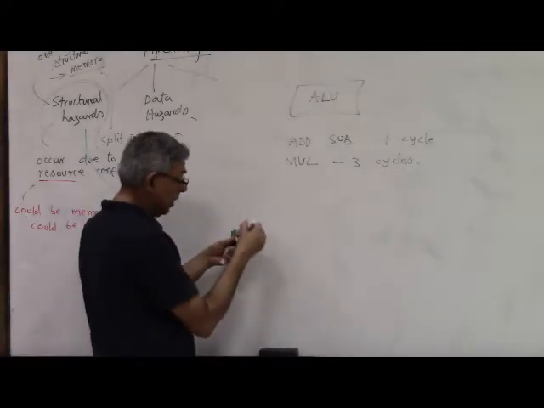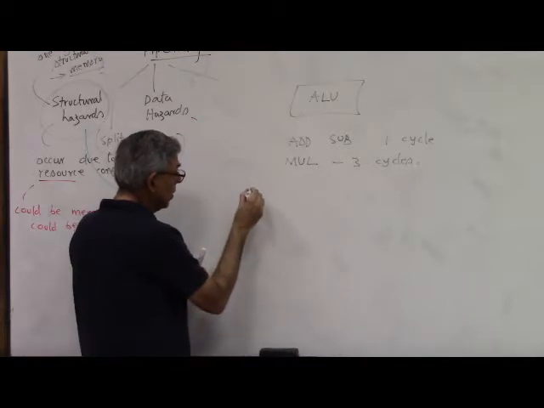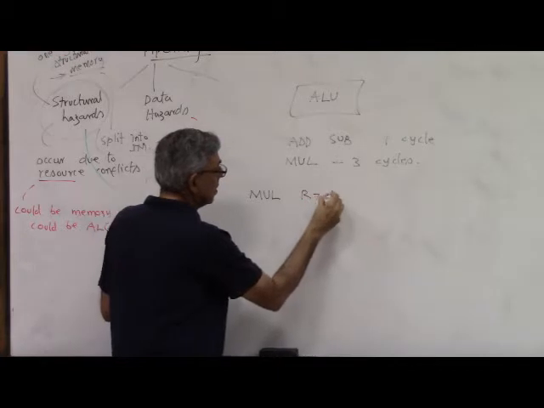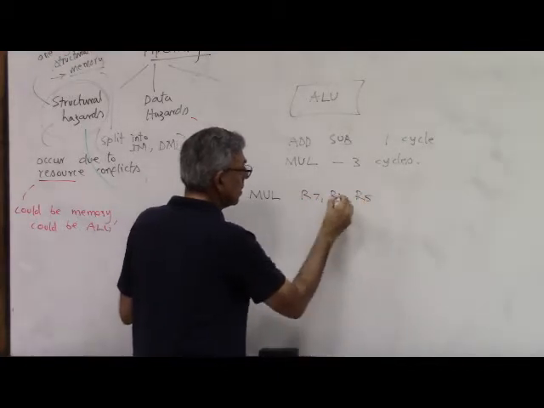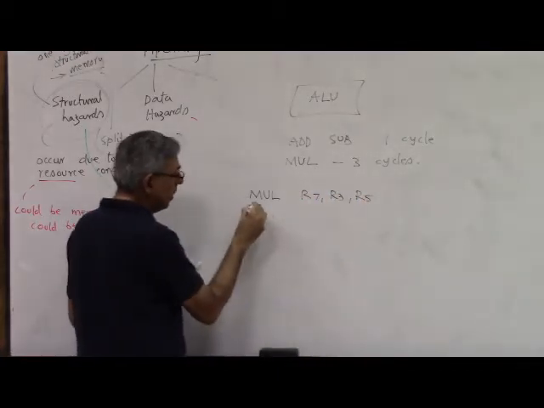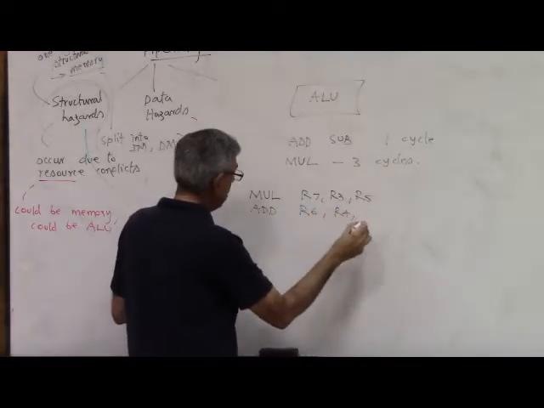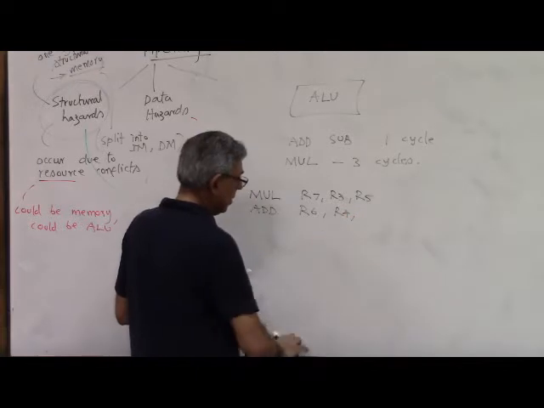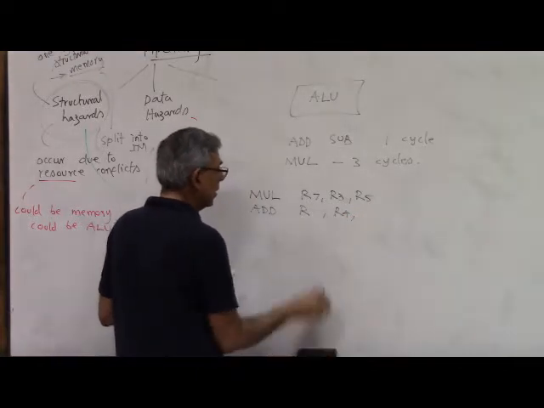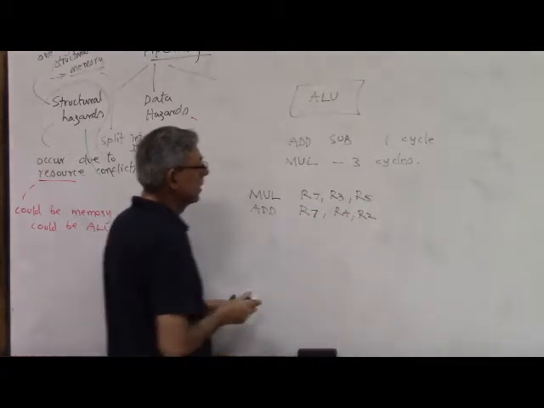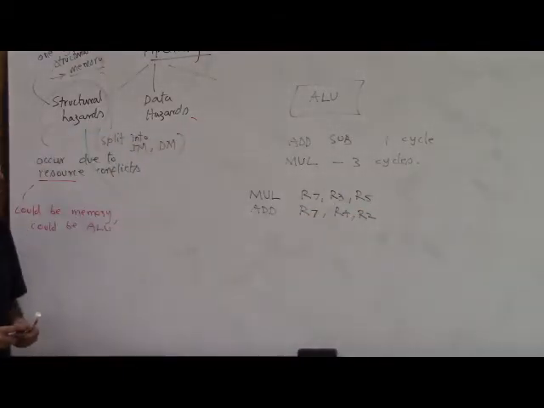Suppose we have a multiply instruction, followed by an add instruction. Both of them are trying to write to R7.